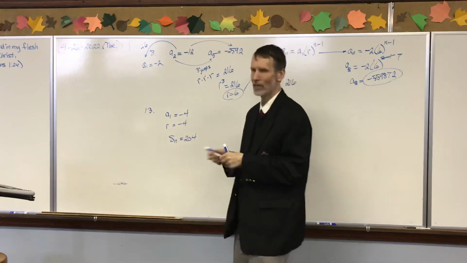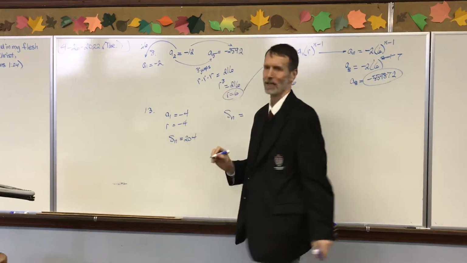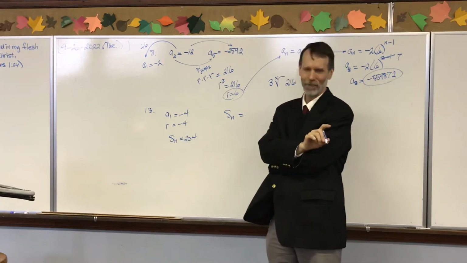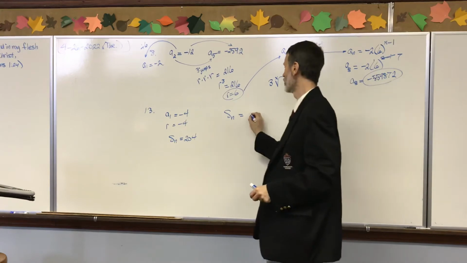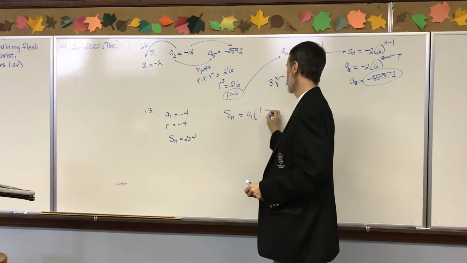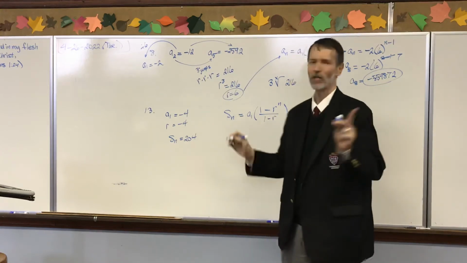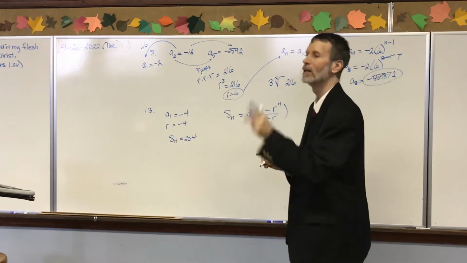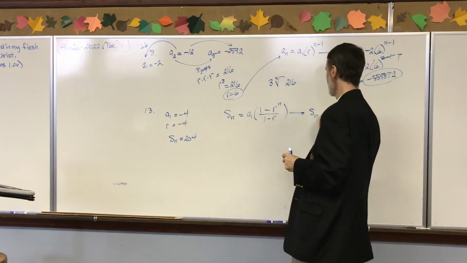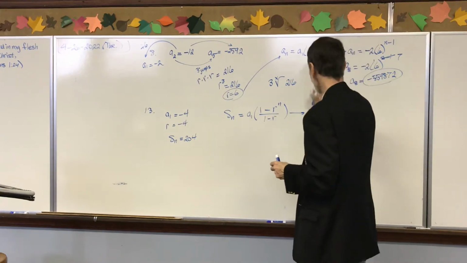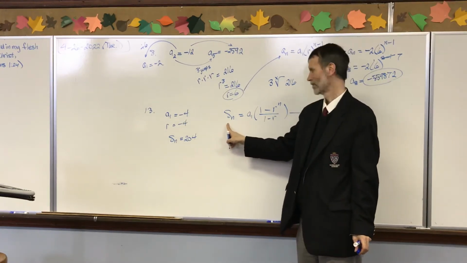The only way we know how to do this is to use this formula. It's going to be a1 times parentheses 1 minus r to the n over 1 minus r. Plug in what you have. So S sub n is equal to, do we have an answer for S sub n? 204.